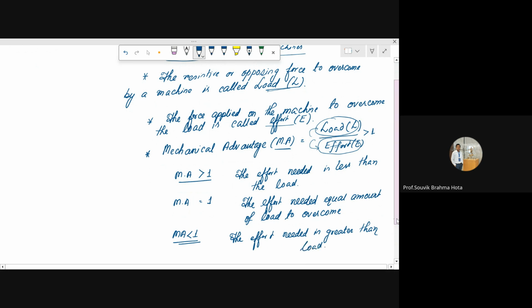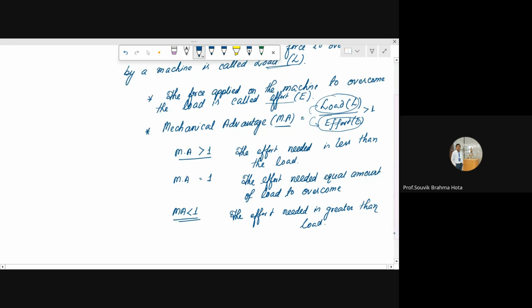Now in this case where the mechanical advantage is less than 1, we call it a velocity gainer, speed gainer, gain in speed. Because the effort needed is more than the load, there will be a gain in speed in the machine.